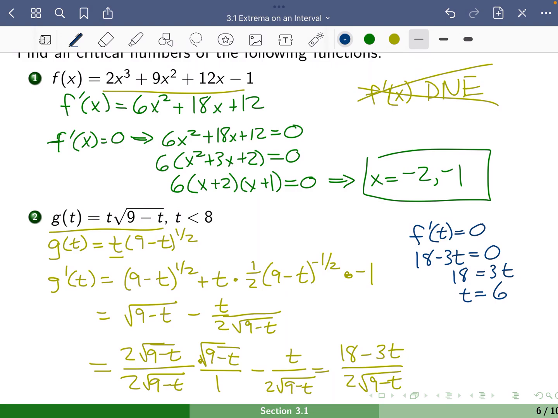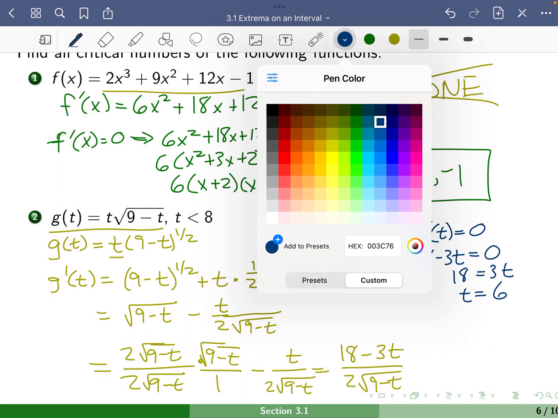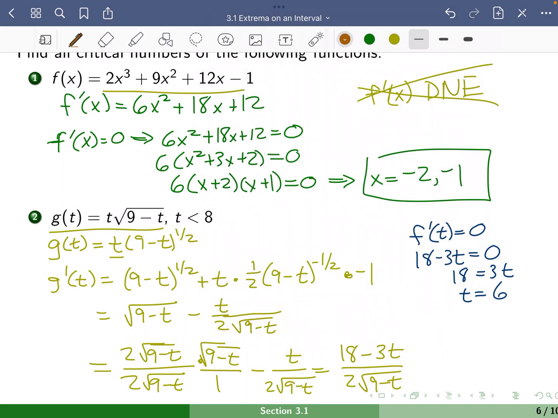We should also check where the derivative does not exist. That's going to not exist when the denominator is 0. It's also going to not exist whenever the stuff underneath that square root is negative.